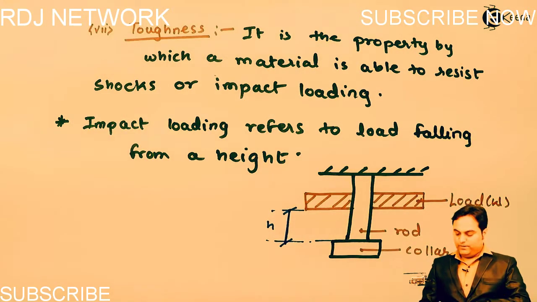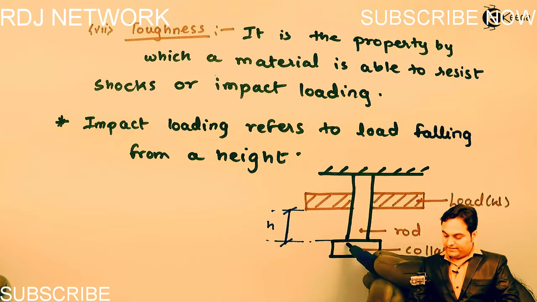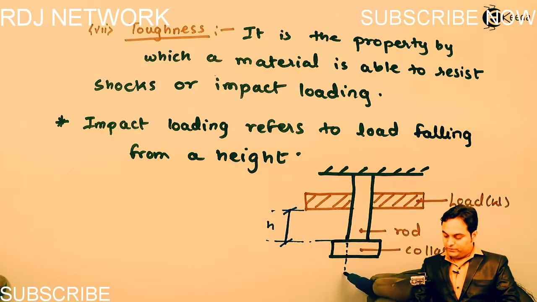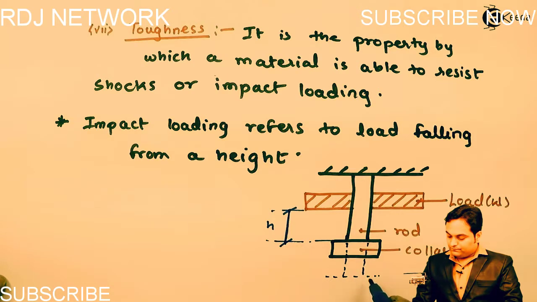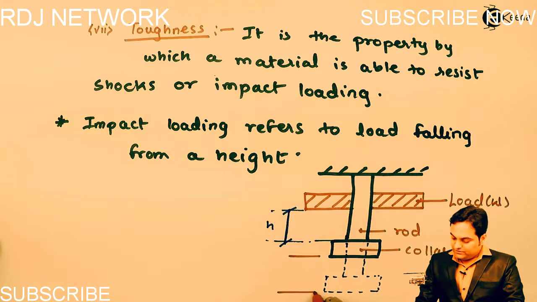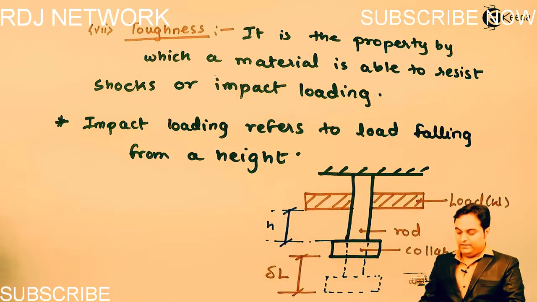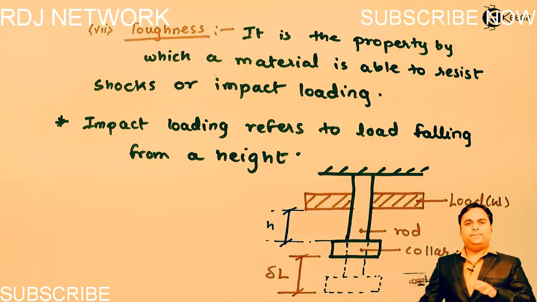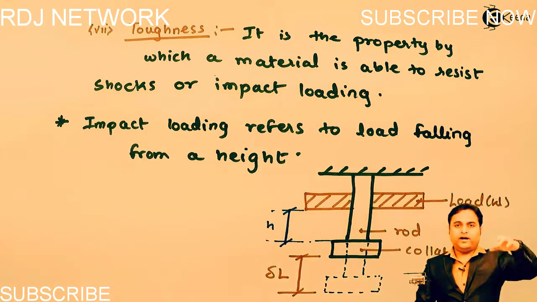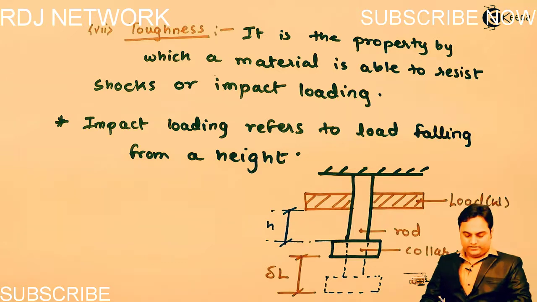The deflection should be minimum. If I draw the diagram, after deflection it will look something like this. So this much is the amount of deflection, which is delta L. So a material which is able to resist impact load, meaning a load falling from a height, that is called toughness.